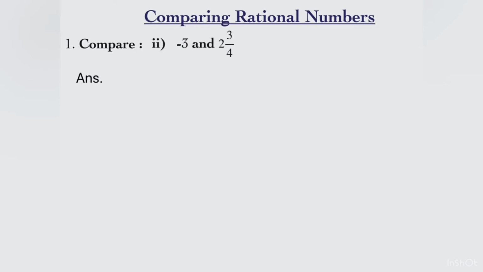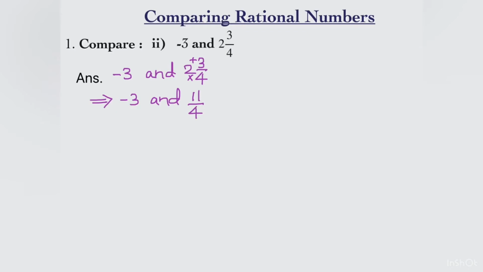Let's now compare minus 3 and 2 3 by 4. Let's convert 2 3 by 4 into an improper fraction. So this implies minus 3 and, 4 times 2 is 8, 8 plus 3 is 11, 11 by 4.